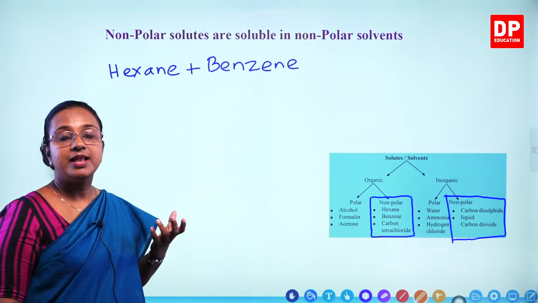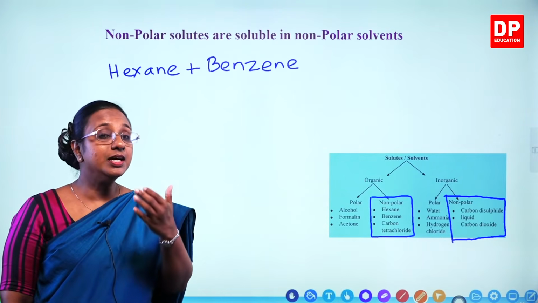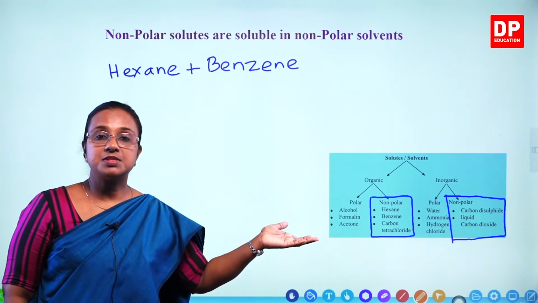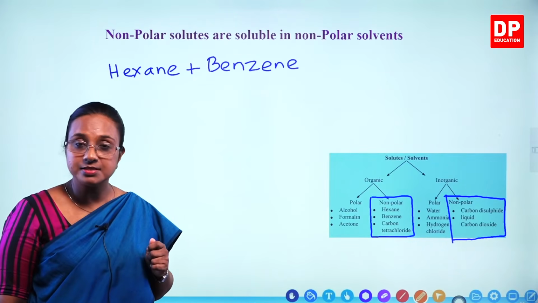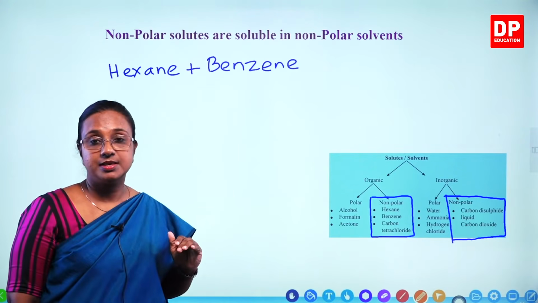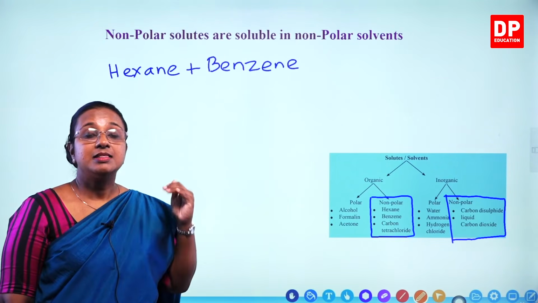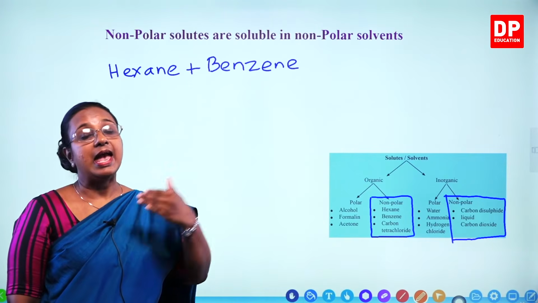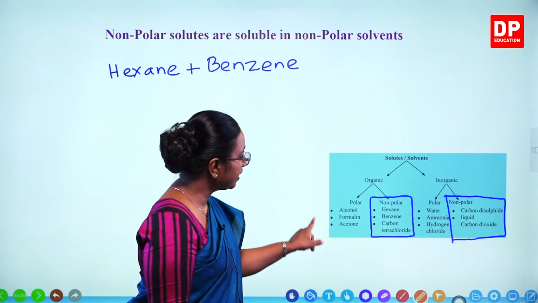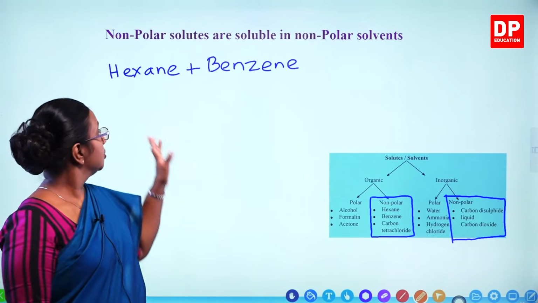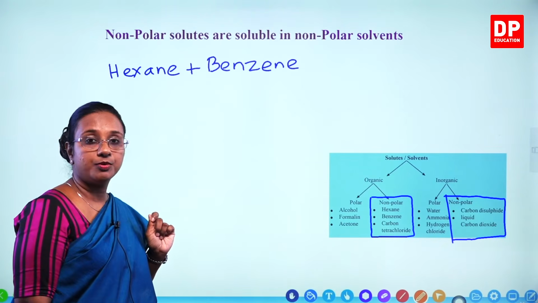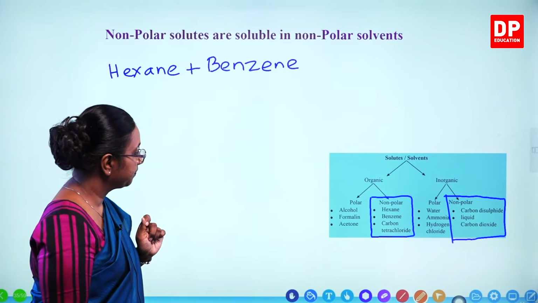Here the solvent and solute will depend on the amount that we take. If we take more hexane, that becomes the solvent, benzene becomes the solute. But if we take more benzene, because these are all liquids, that becomes the solvent and hexane becomes the solute. So that is why I am referring to it as mixes. So hexane and benzene, because they are both non-polar, they mix well.